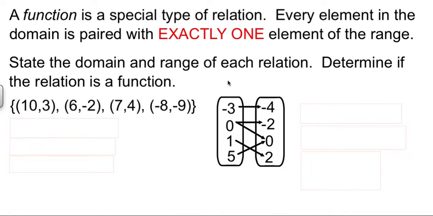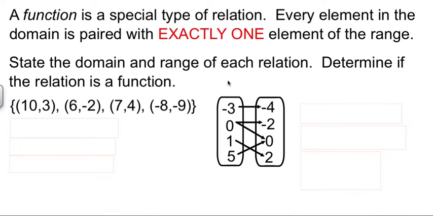And then our last piece of information is about a function. All a function is, is a special kind of relation, and the special part of it is that every member of the domain gets paired with exactly one member of the range. You can think of a function like a seating chart.